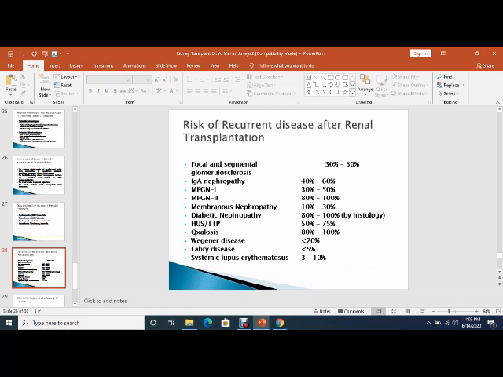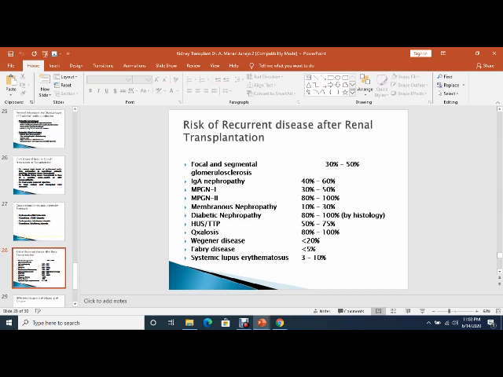So this slide shows the risks of recurrent disease after renal transplantation, called de novo disease or de novo GN. FSGS is 30 to 50%. IgA nephropathy, MPGN, MPGN type 2, membranous nephropathy: after renal transplant, patients can develop these diseases.